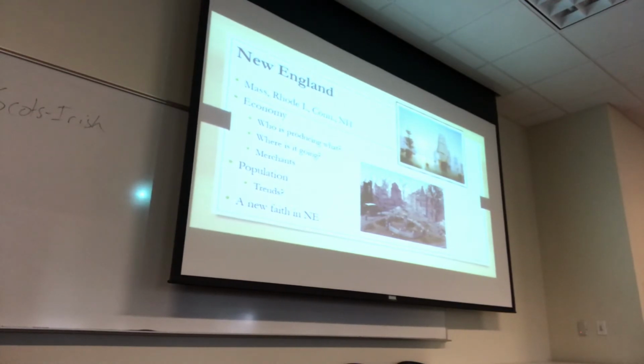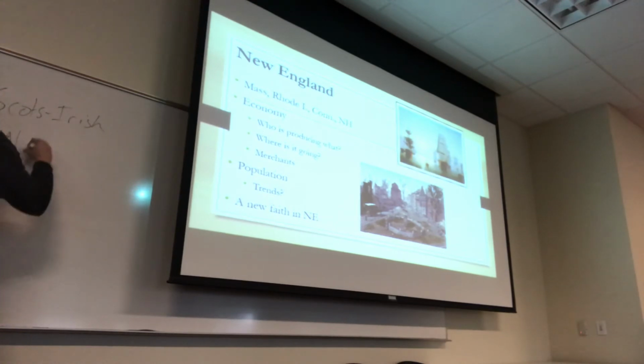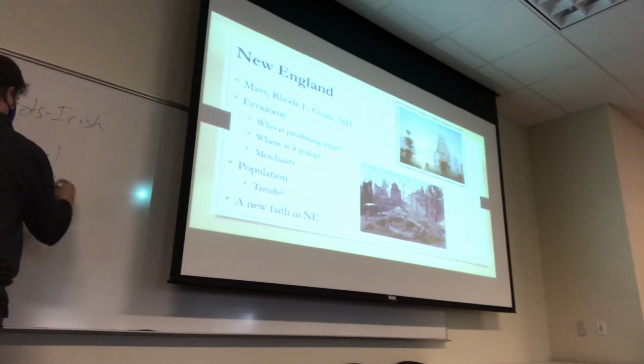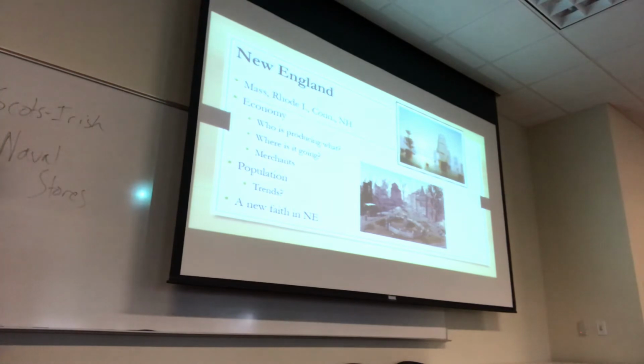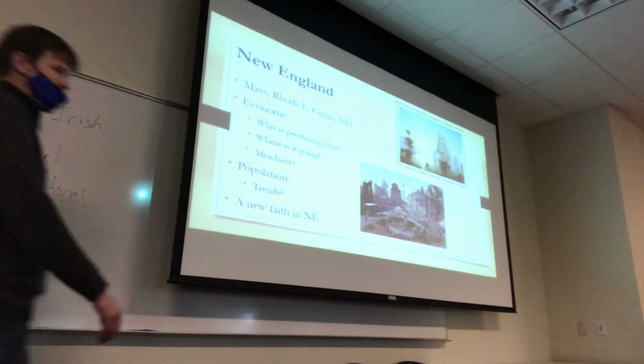These are used in shipbuilding to make vessels seaworthy, to seal between wooden planks and to coat the wood. Tar and pitch, turpentine. These are referred to as naval stores. Stores here is not like I'm going to go to the store. It's as in I have a store or storage of something, a quantity of something. Naval stores, tar and pitch used in shipbuilding. Those are exported as well.